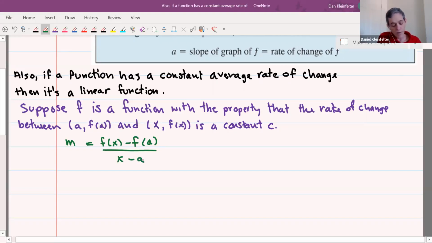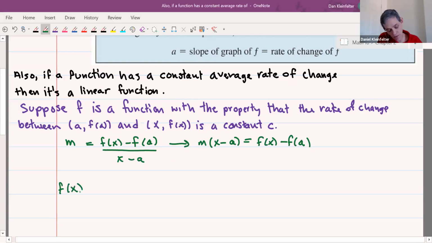Okay, so then we want to solve this for f of x so we can get a sense of what the formula for f is like. So let's multiply to clear the fraction out. Okay, and what we're going to do next is add f of a to both sides.